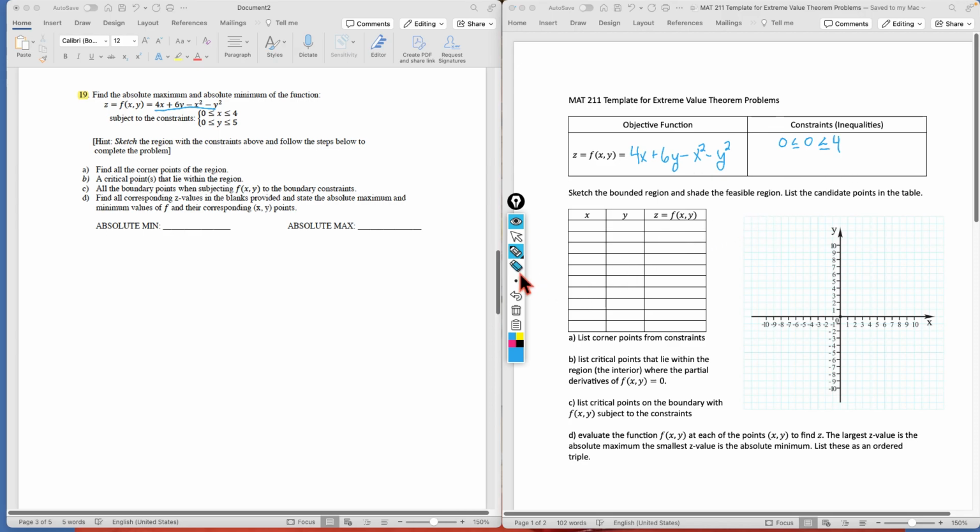That should be an x in the middle, not a 0. And y is between 0 and 5. So it fits the extreme value theorem.